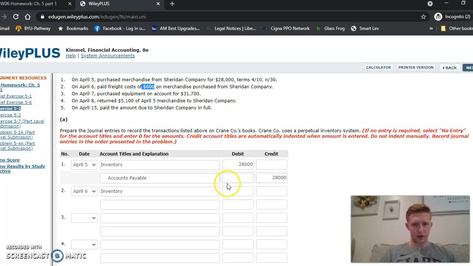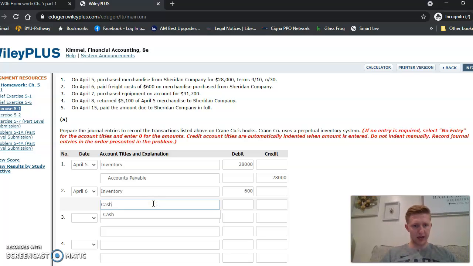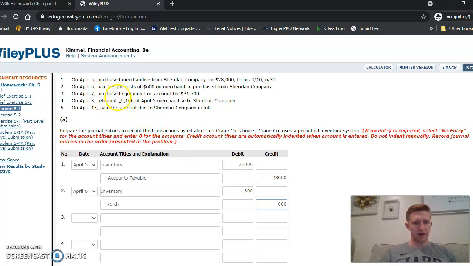So we're going to debit inventory for $600. And then we'll credit, this time cash, also for $600.